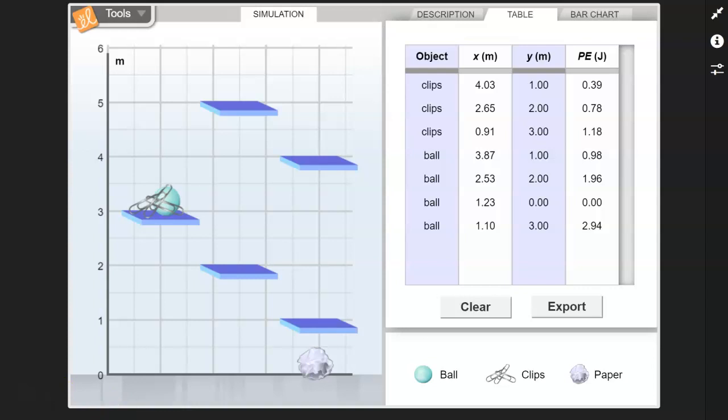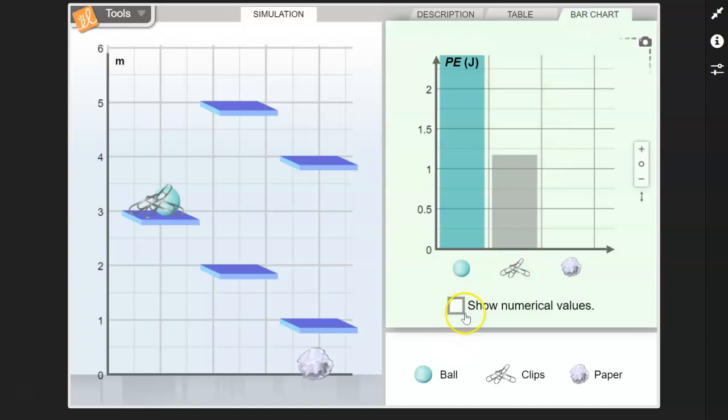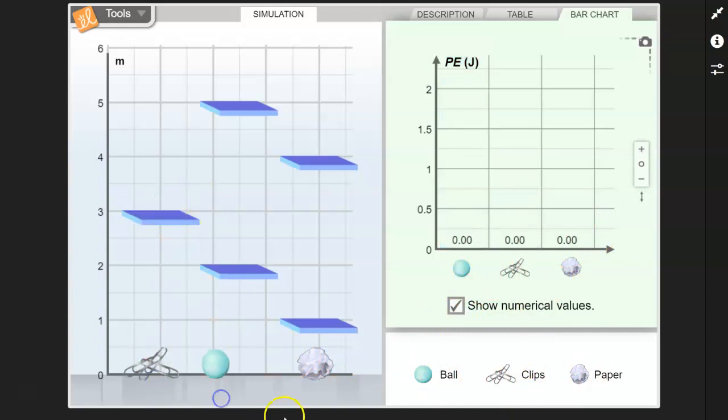Now I could take this data and make a graph out of it. Let me show you an example of what data might look like from this data table on a graph. Let's make a bar chart. Let's clear this information and show you what that would look like from the beginning.